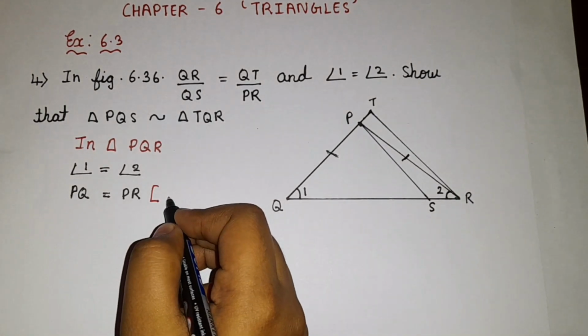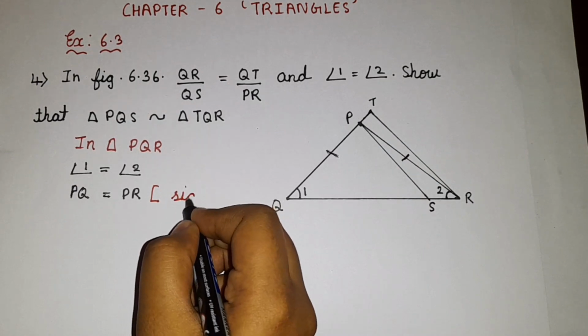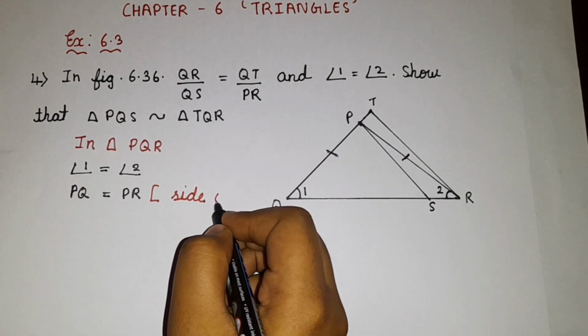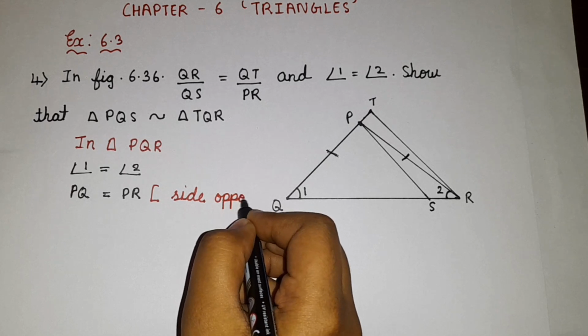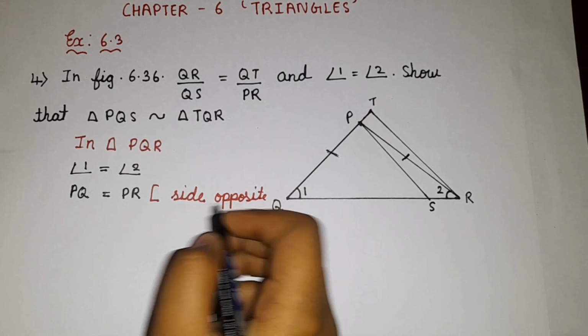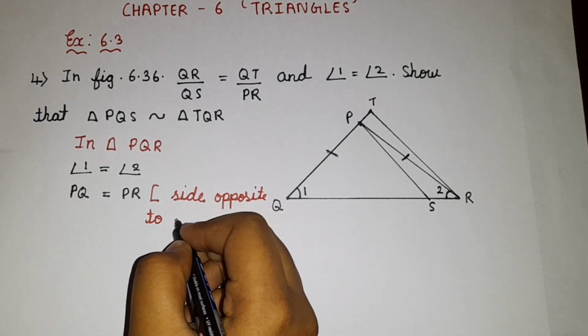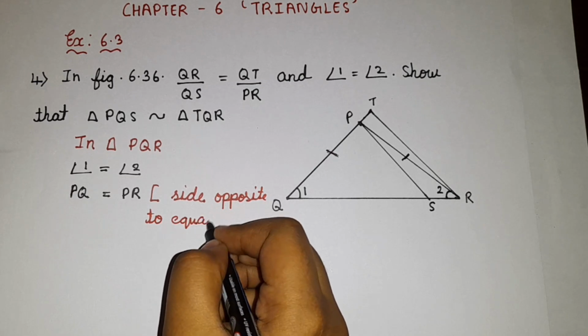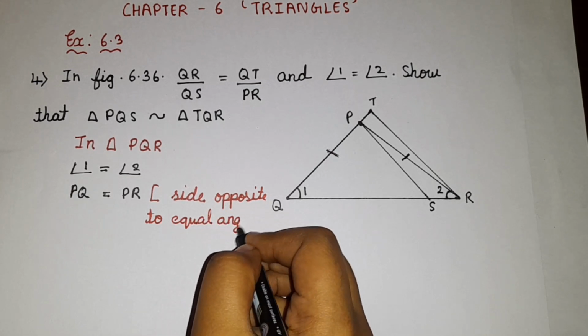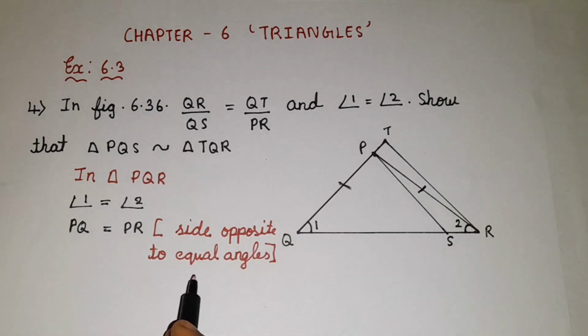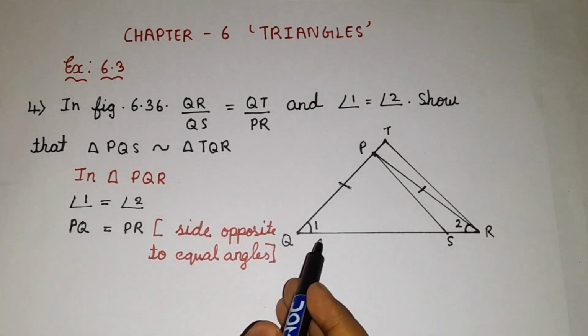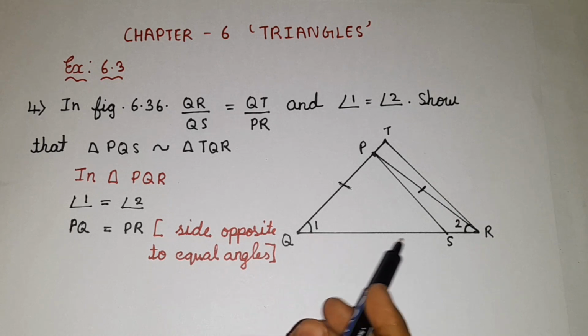Sides opposite to equal angles. Since the statement is somewhat confusing, let me explain what it means. Here we have angle 1 is equal to angle 2.